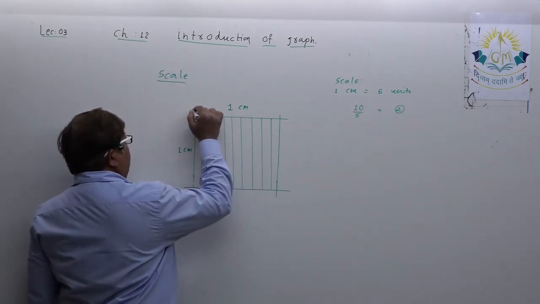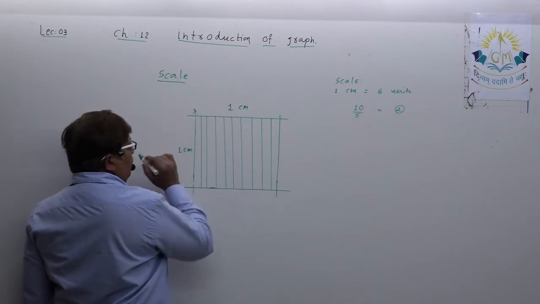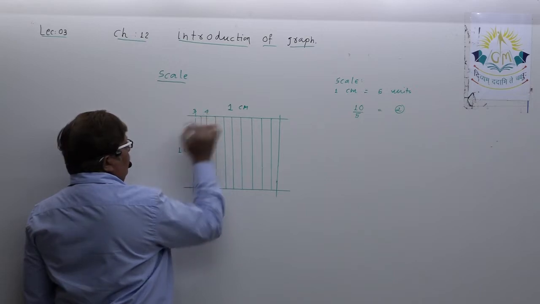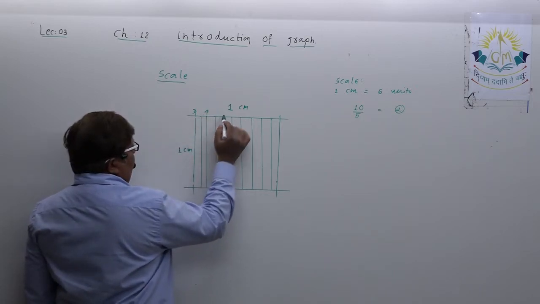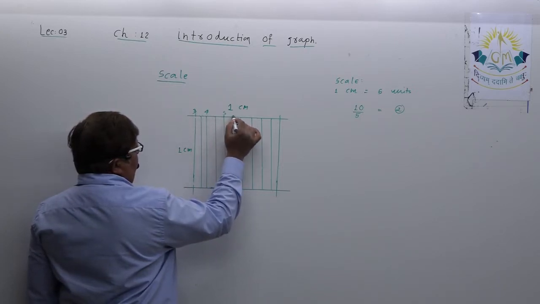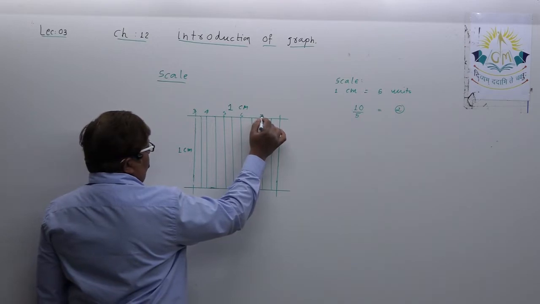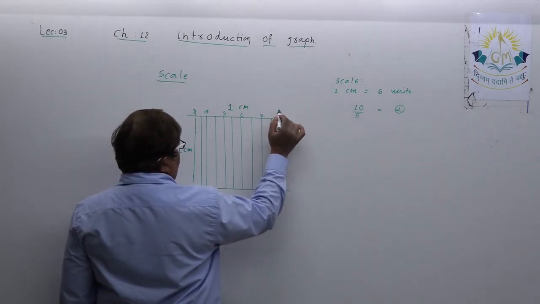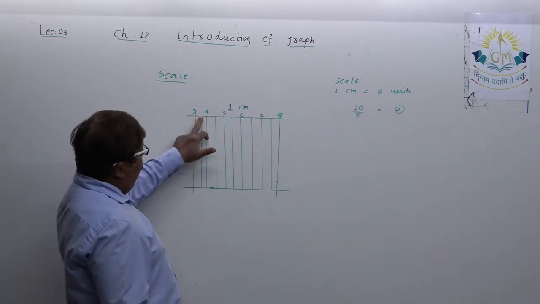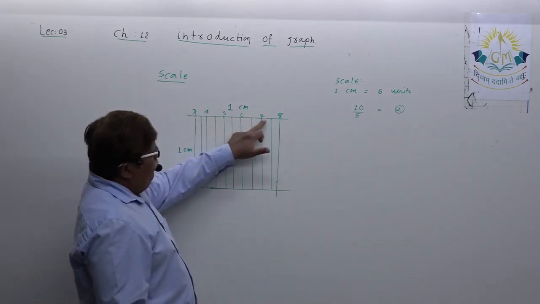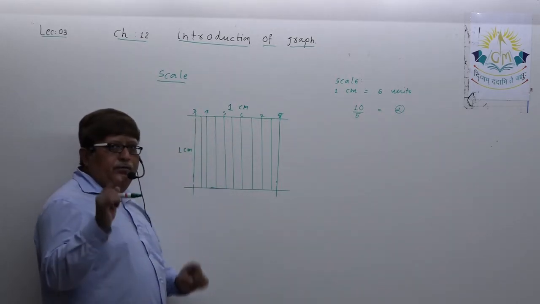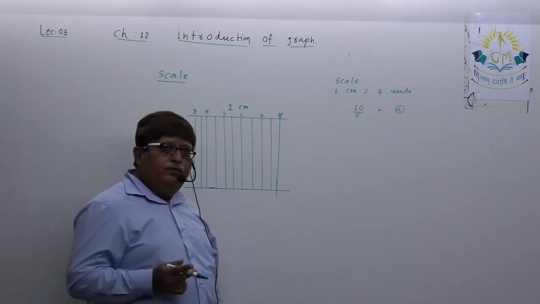So every 2 lines will make 1 for you. Suppose here is 3. After 2 lines it will be 4. Try to understand. After 2 lines, 3, 4, this will be 5. Then 6, then 7, and then 8. This way, dear student. See, 1, 2, 3, 4, and 5. Every two lines will be one for you.